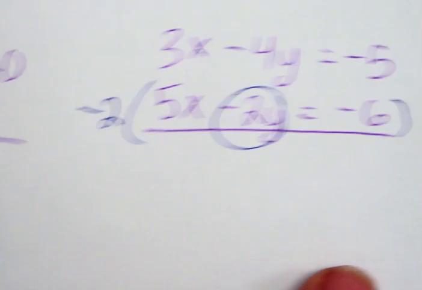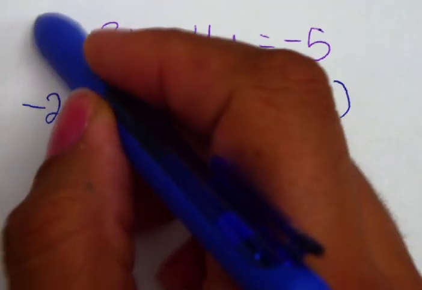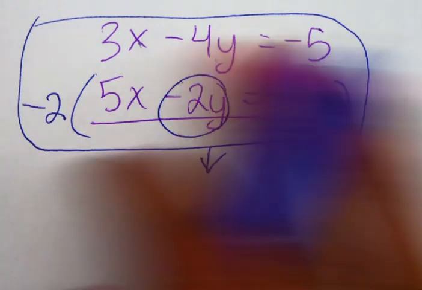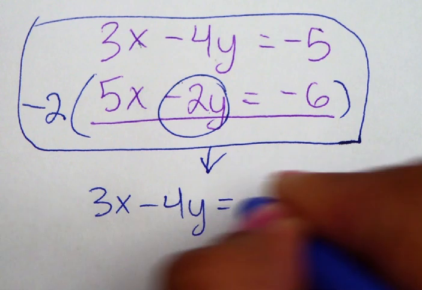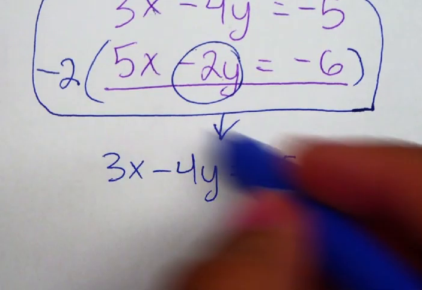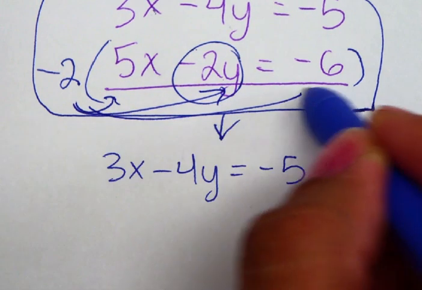So let's just focus on this part. We are going to rewrite a new version of this system. The top equation wouldn't do anything with that, so we're just going to write it. And the bottom equation, we are going to write the new version after we multiply or distribute this -2 into each part of the equation.